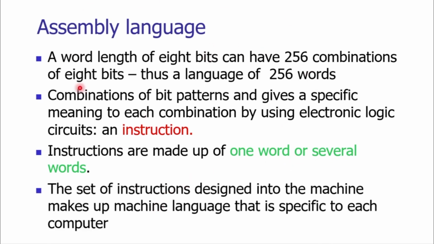When we have a set of instructions specially designed into the machine, that creates a specific language pertaining to that microprocessor hardware. That is called the machine language of that hardware.